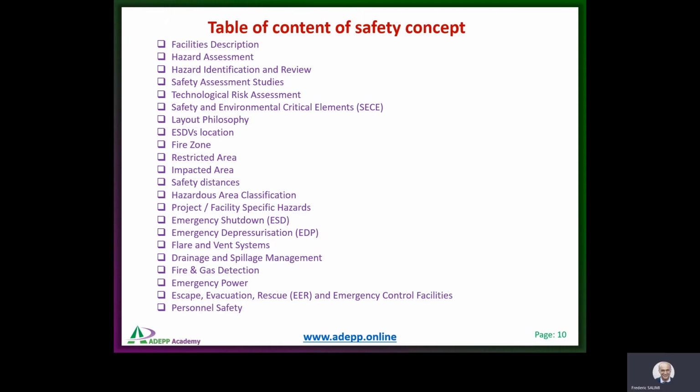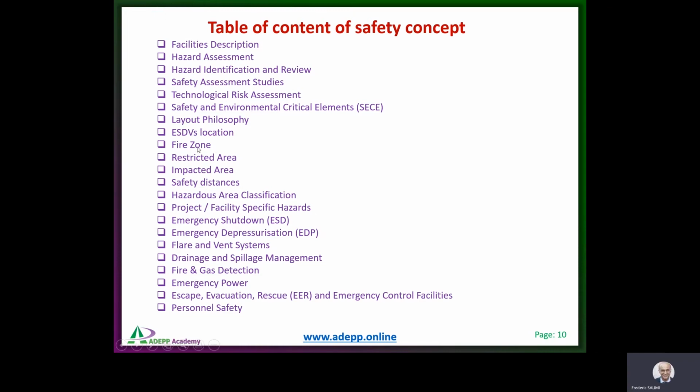About the layout philosophy, did you take into consideration the wind direction, etc.? ESDV location, was it outside of the fire zone or inside the fire zone? This affects the PFD for ESDVs and it should be mentioned in safety concept.